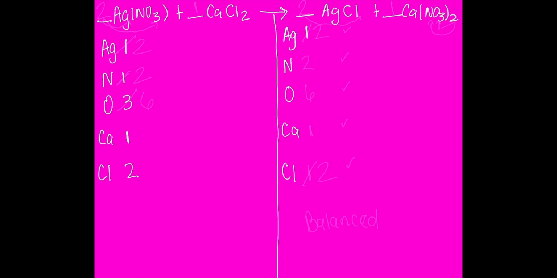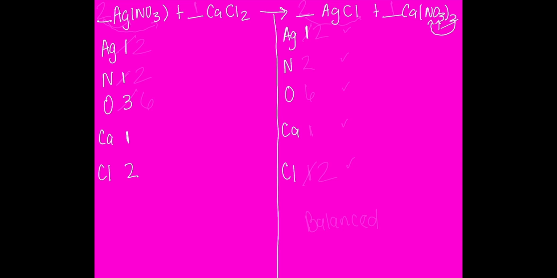I have 1 Ag. And now when I go to nitrogen, I notice that nitrogen has a subscript that is outside of the parentheses. Now when we're talking about distributive property, we know that everything that's outside of the parentheses has to be distributed to everything that's inside of the parentheses. So with that being the case, I know that this 2 has to be distributed to this 3 as well as to that 1, the subscript 1 next to nitrogen.